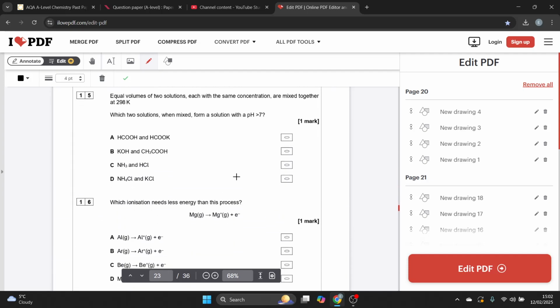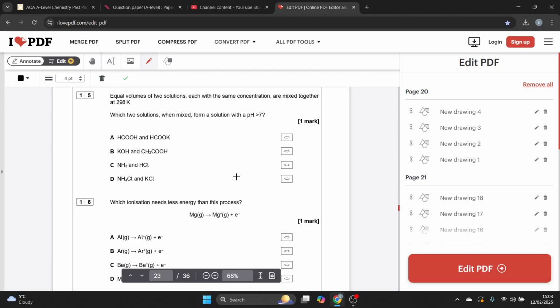Question 15. Equal volumes of two solutions, each with the same concentration, are mixed together at 298 Kelvin. Which two solutions, when mixed, form a solution with a pH greater than 7? Now, I've got methanoic acid and potassium methanoate. I've got potassium hydroxide, methanoic acid.